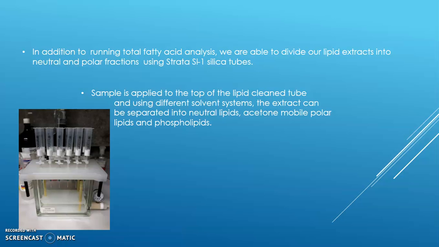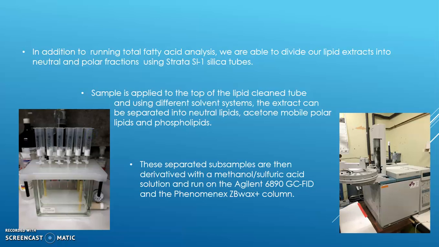The subsamples are then derivatized in a methanol sulfuric acid solution and run on the Agilent GC using the fatty acid column. PLFAs, or the fatty acids from the polar lipid fraction, are very important for studying microbial activity, especially in sediments.